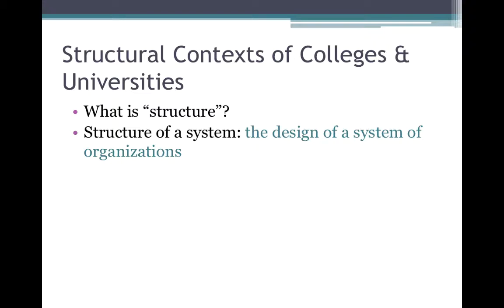In higher education, the concept of structure is applied in two key ways. First, it is used to describe groups of colleges and universities that are both differentiated but also integrated together in different ways. For example, the University of California is a system of 9 different institutions: the University of California at Los Angeles, Berkeley, Riverside, etc. Each of those institutions has its own chancellor and offers its own degrees.